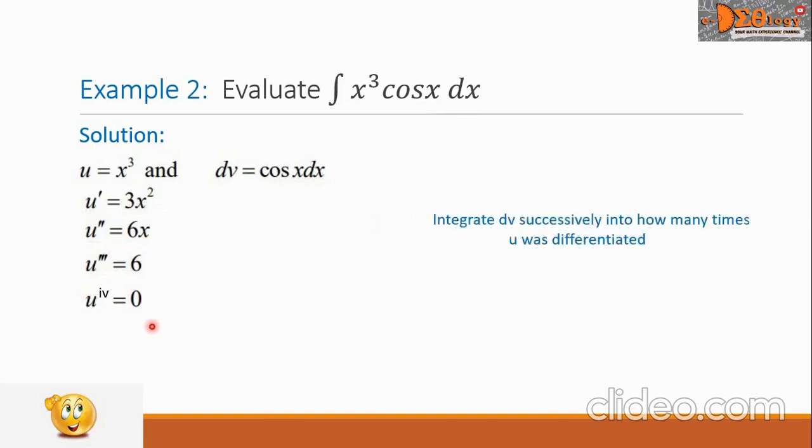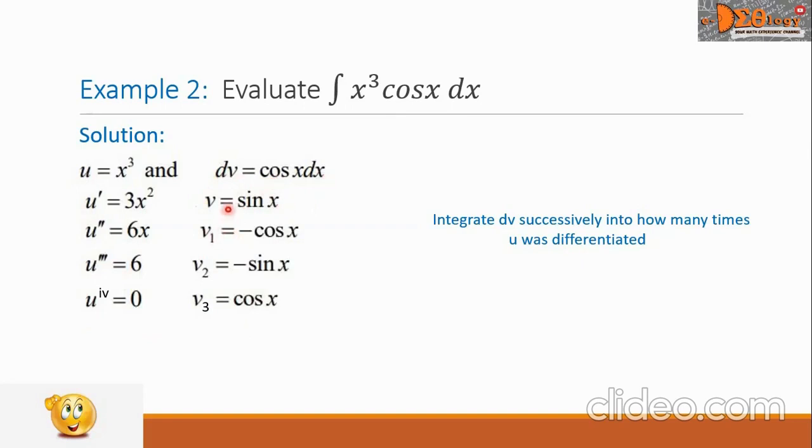Then, let us integrate dv successively as many times as u was differentiated. So we have here 4 derivatives for the function u, and the last value here is 0. So we need to integrate dv 4 times also. The integral of dv is v, equals the integral of cosine x dx, which is sine x.